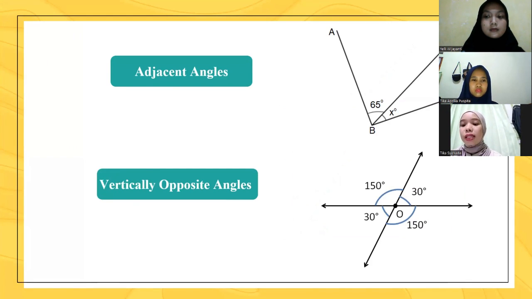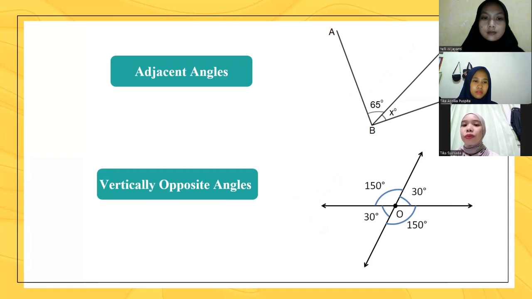Okay, adjacent angles. Adjacent angles are two angles which have a common side and a common vertex. In the following figures, we can see angle A and angle B are adjacent angles.